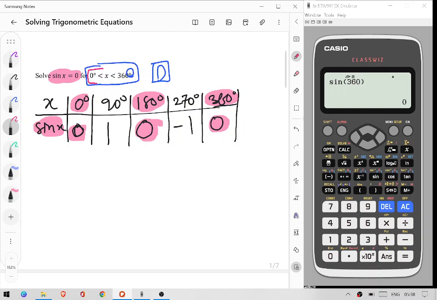It says x is greater than 0, so 0 degree is not included, and x is less than 360, which means 360 is not included. So the really final answer is 180 degree only.